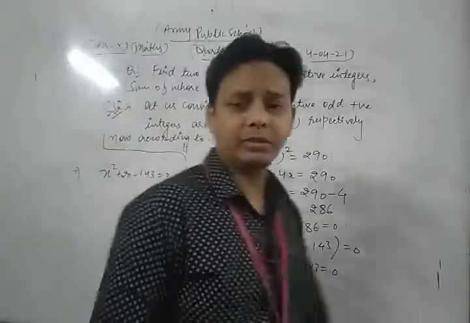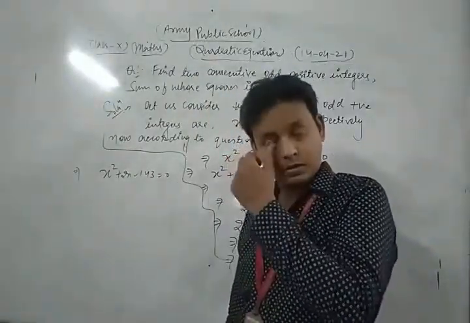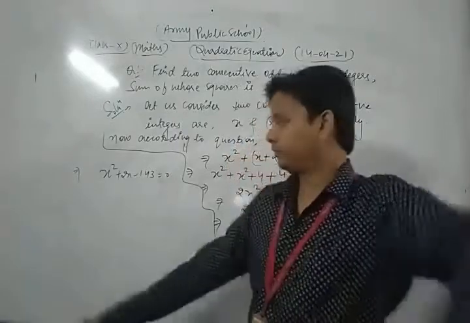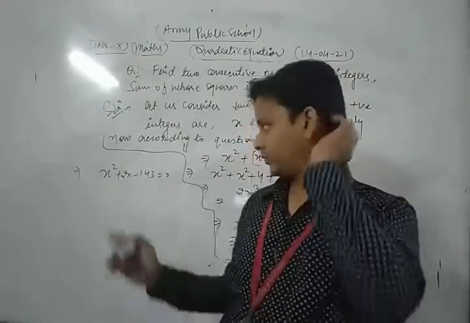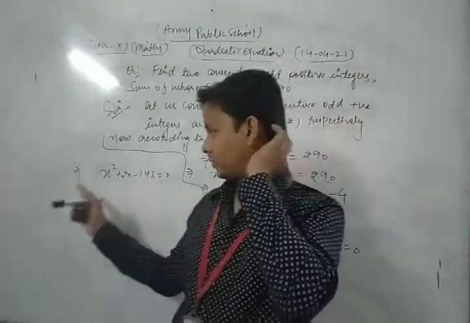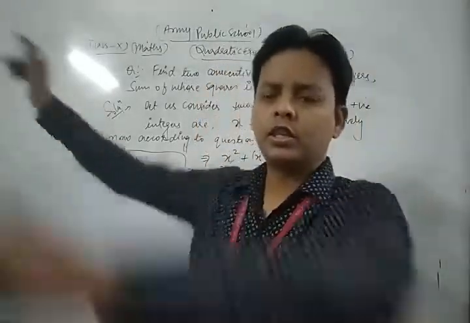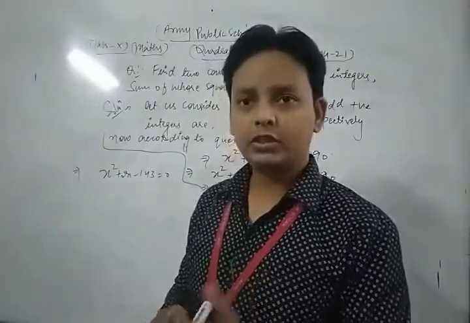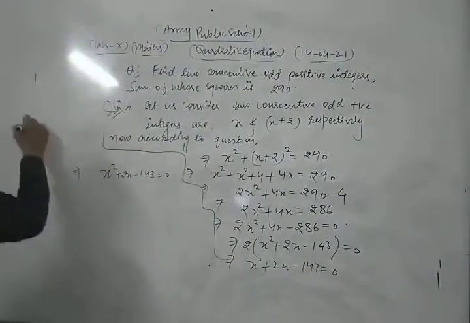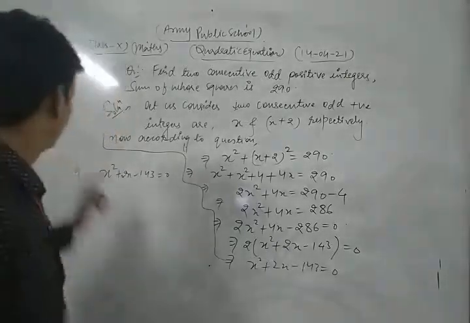We simplify it by factorization. 143 is 143 into 1; we split 143. 143 divided by 11 is 13, and 13 minus 11 is 2, and 13 into 11 is 143.